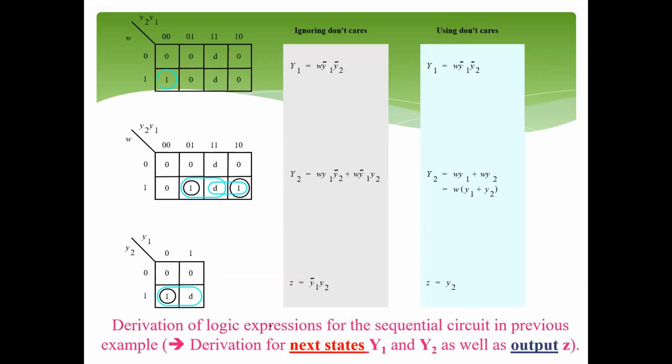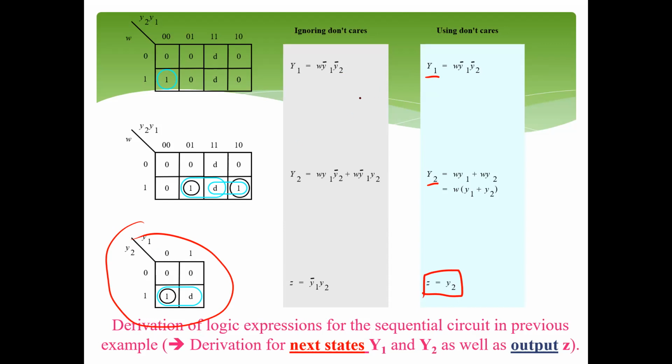Similarly, make a K-map for capital Y1 and capital Y2. Now check, this is the one that we did: Z is equal to Y2. Actually here, they ignored the value of W before even creating the K-map.